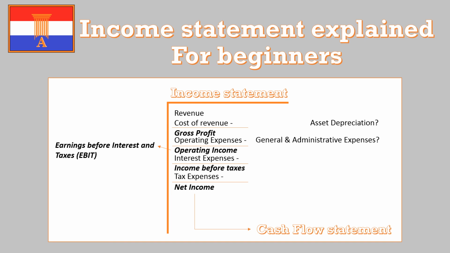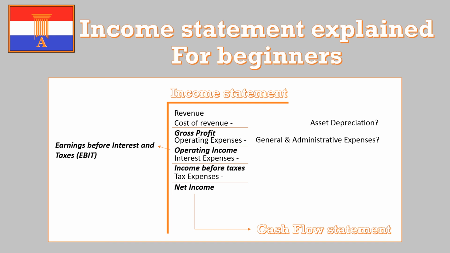And yeah, I hope the income statement is clear to you. I don't expect it to be that difficult or something that you didn't know, but before I start with the cash flow statement, I need to go through this. And be aware of the subjectivity that is in these statements.